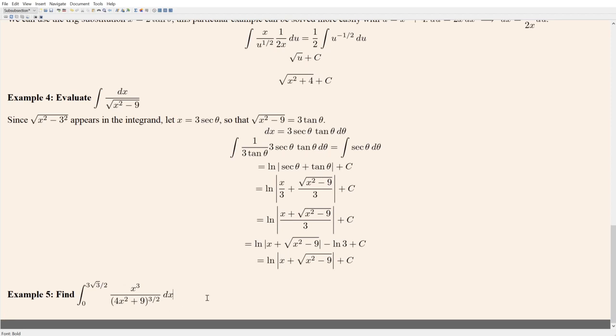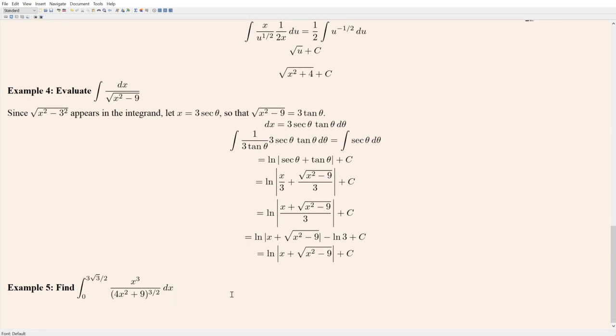Okay, so finally, let's do an example of definite integrals in this context. Now, what's going on here? We have 4x squared plus 9 to the power 3 halves. Recall, a power of 1/2, or any fractional power, denotes a root.